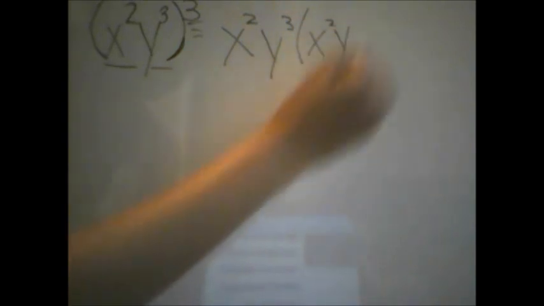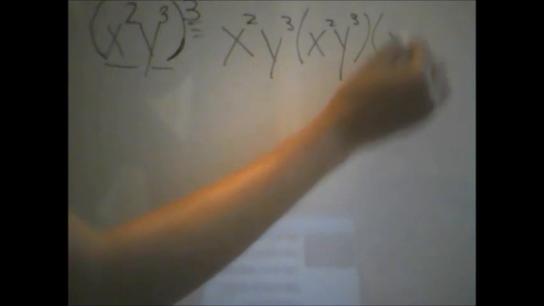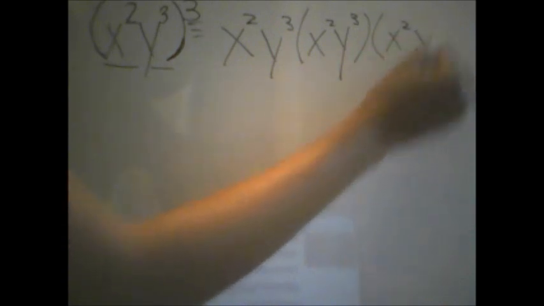So we're looking at this product, and we are going to just break it down. When we break it down, it's going to be x squared y cubed times x squared y cubed times x squared y cubed.